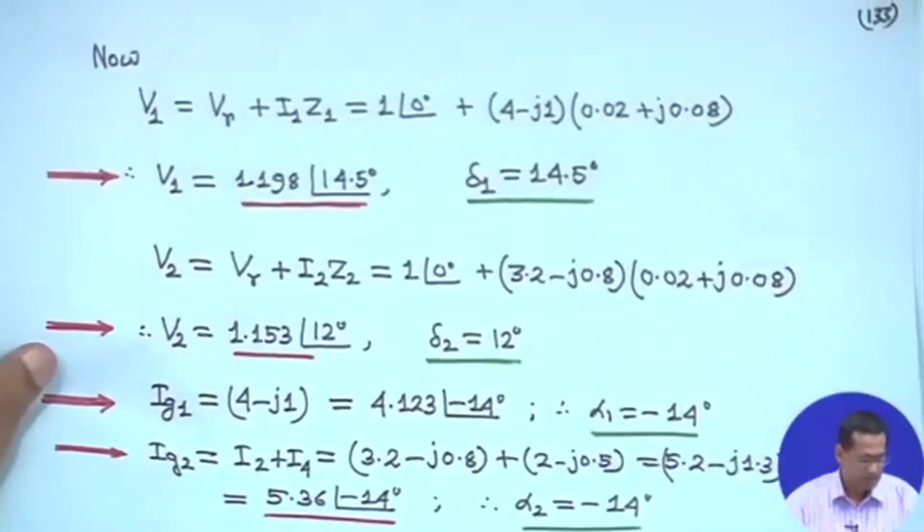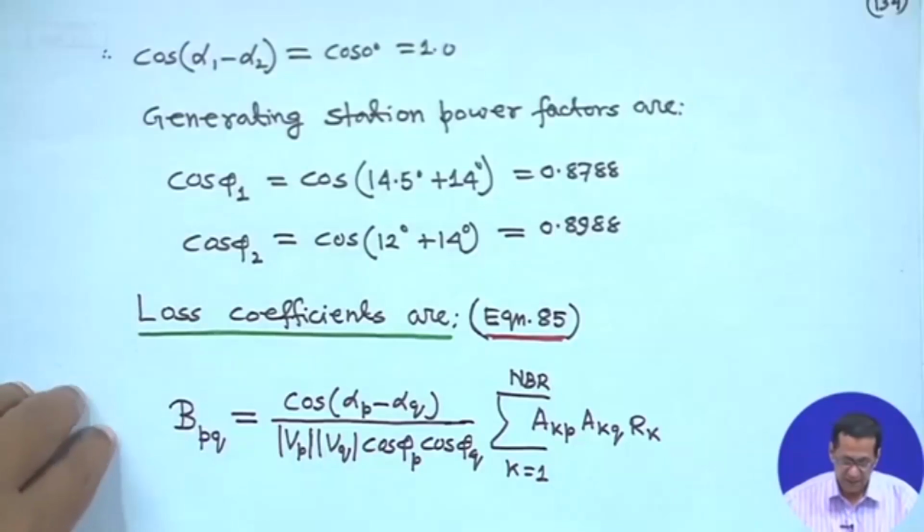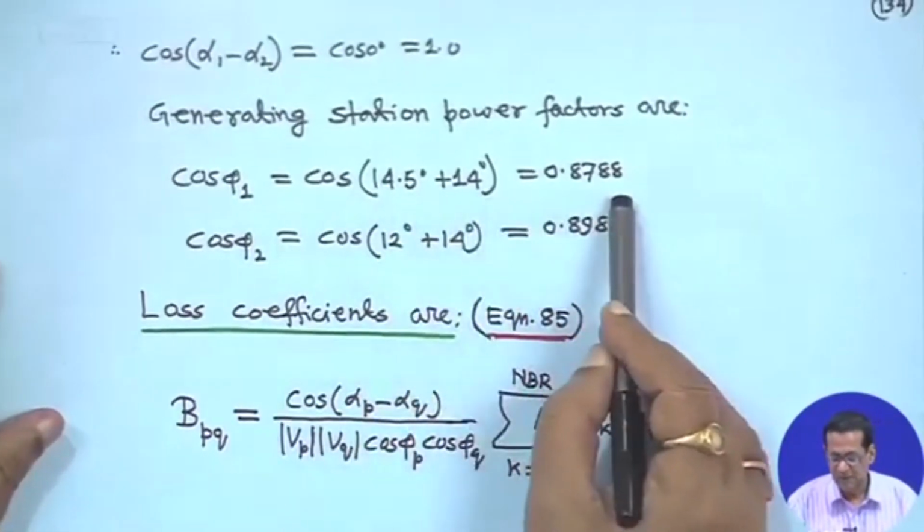That means cos phi 1 is cos of 14.5 plus 14 degree, which is equal to 0.8788.